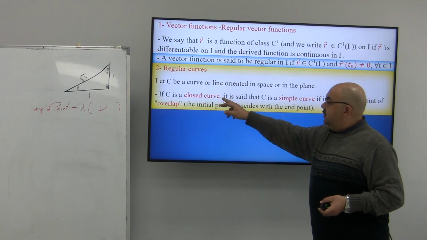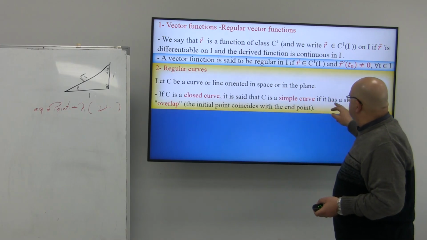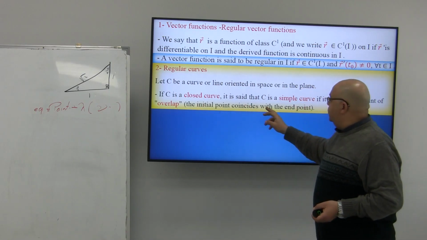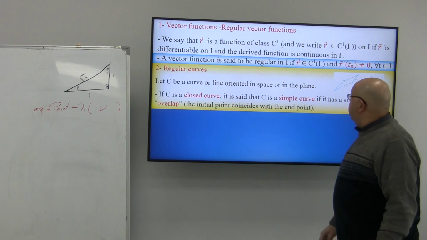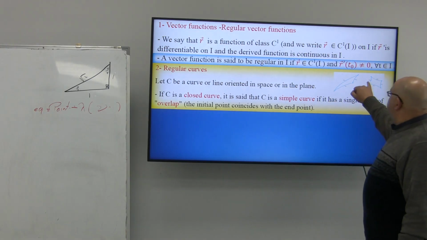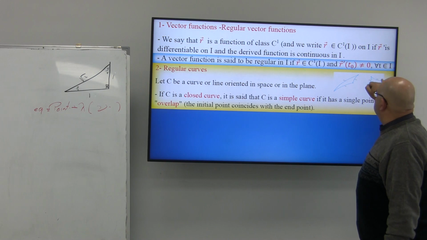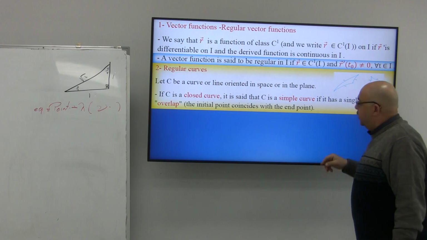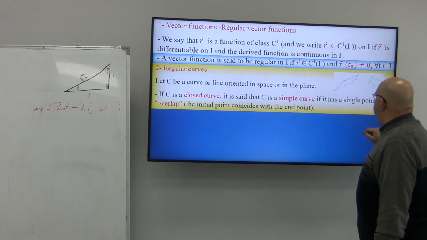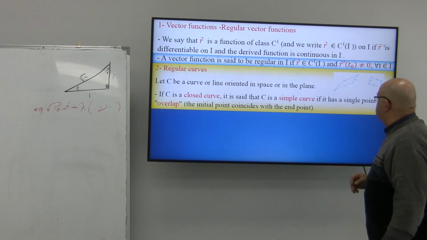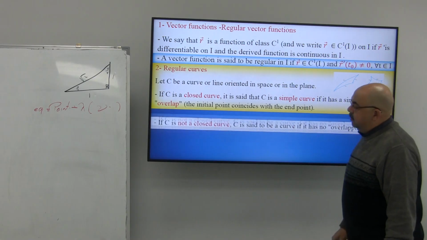It is said that C is a simple closed curve if it has a single point of overlap, where the initial point coincides with the endpoint. Like these graphs. See, here is C4 going to C3, going to C2, and then to C1. So it is a closed curve. All the lines, or all the directions, one is beginning and the other is ending, and so on. And this is also another shape of a closed one.